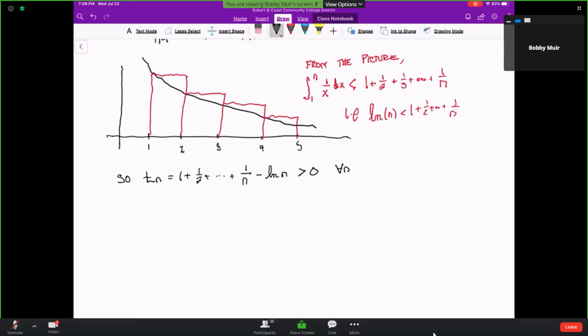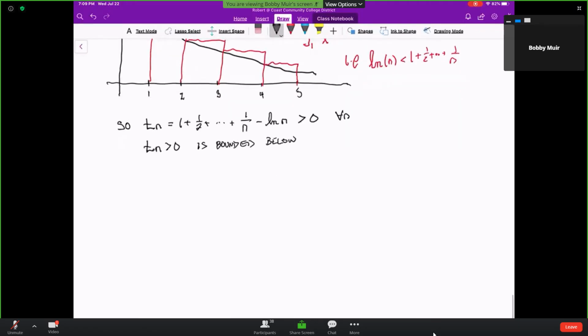Tn, because it's positive, is bounded below. I told you about that one result that used the completeness axiom; they're going to show up a few times. Here it is showing up again.